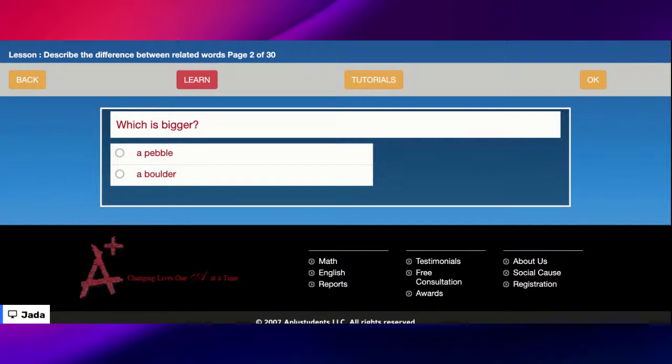Which is bigger, pebble or boulder? Which of these is bigger? Have a look. Tell me which one is bigger here. So which one is bigger? Option 2. Okay.